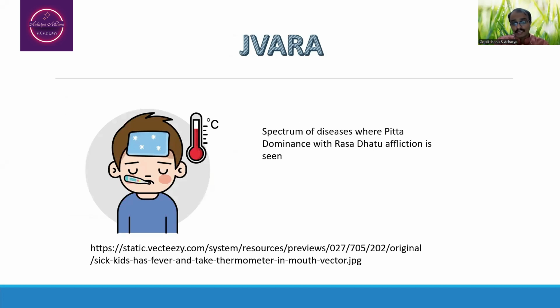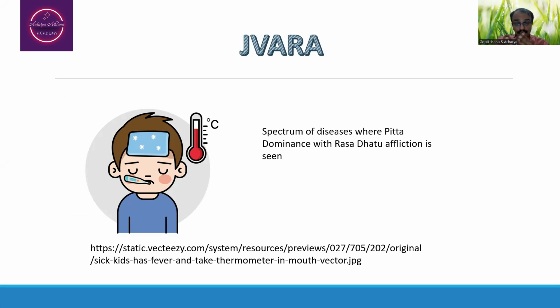Examples given are Jvara. Initially, Pitta dosha dominance with Rasa dhatu affliction can be observed. Initially the person will be having loss of appetite, that is Agni-mandya.